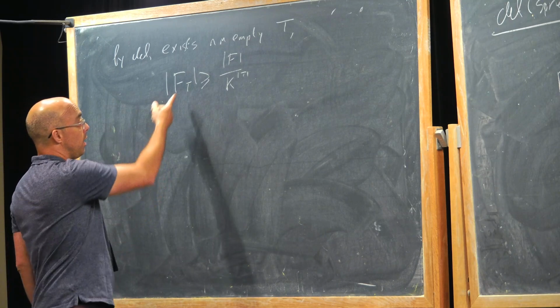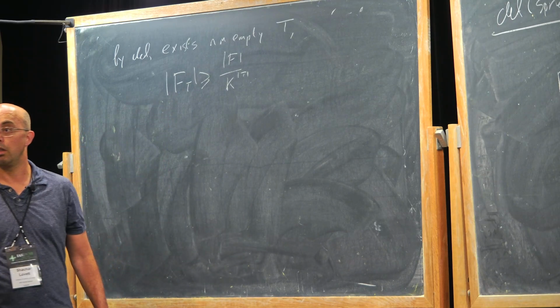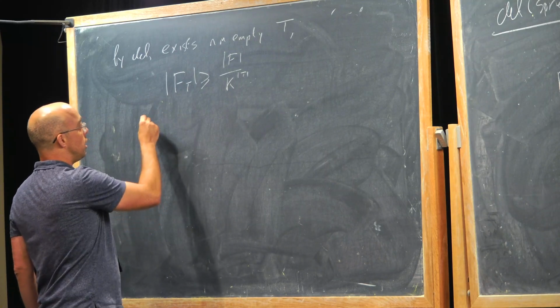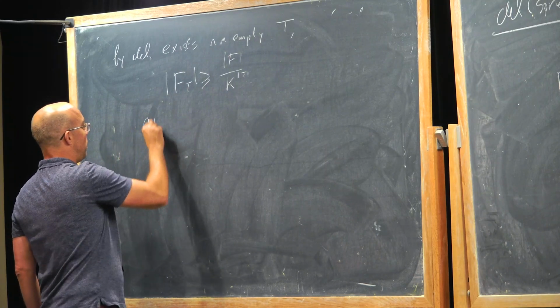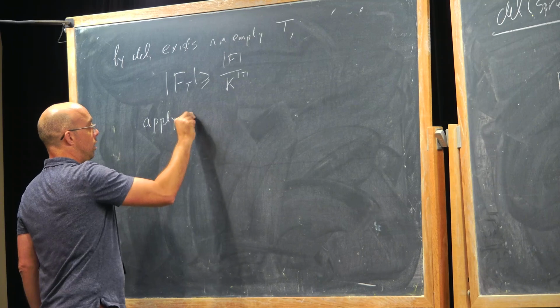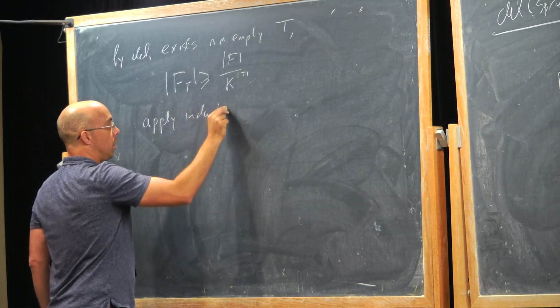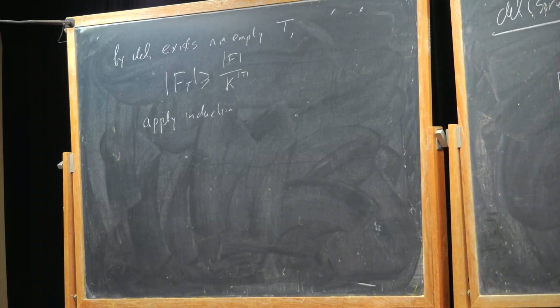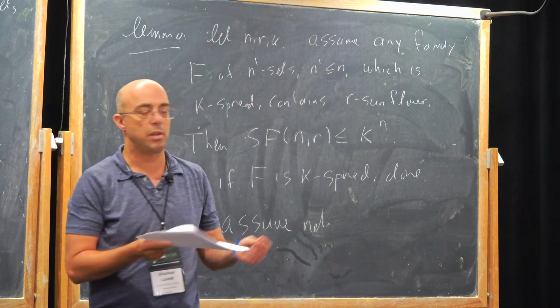But then basically we just apply induction to this. And here is where we use the fact that we need an assumption not just for n, but for all sets smaller than n, which is just some technicality.